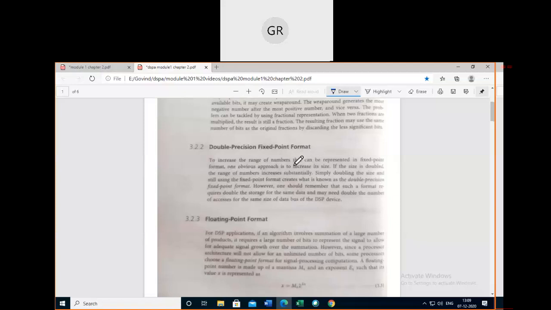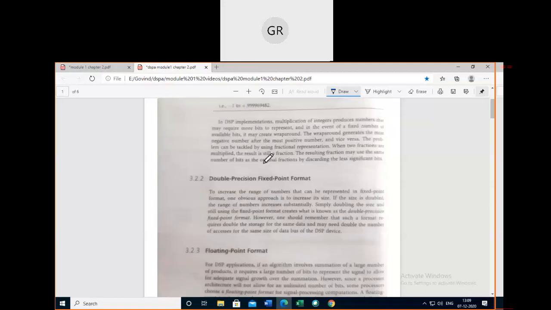To increase the range of numbers that can be represented in fixed point format, one obvious approach is to increase its size. If the size is doubled, the range of numbers increases. Simply doubling the size and still using the fixed point format creates what is known as the double precision fixed point format.